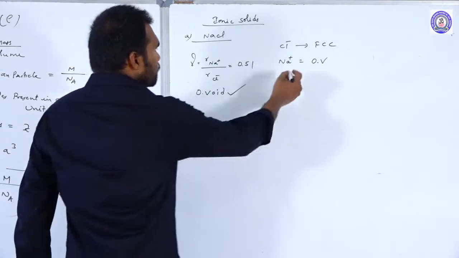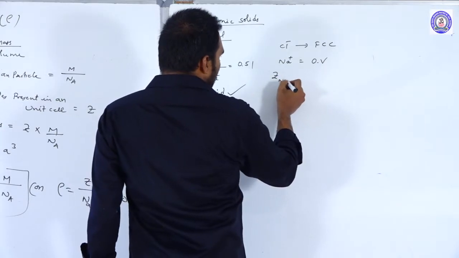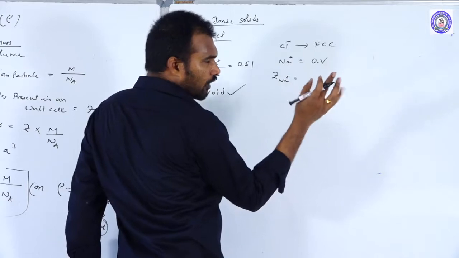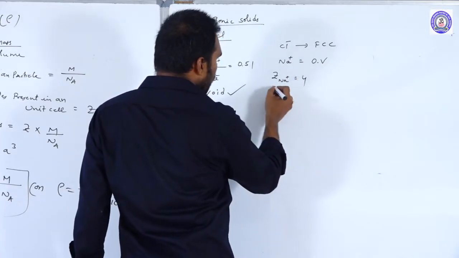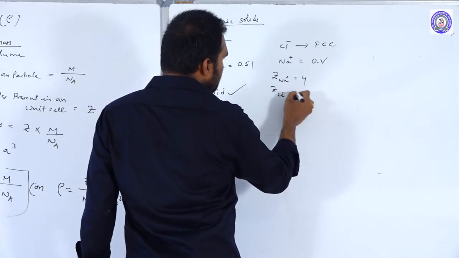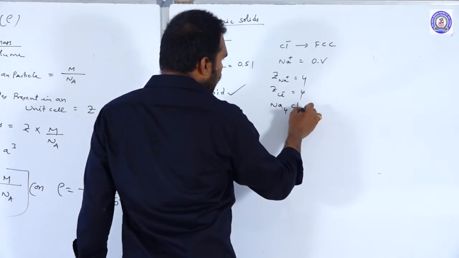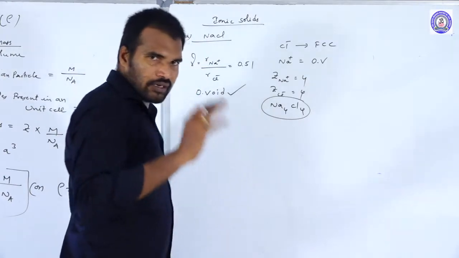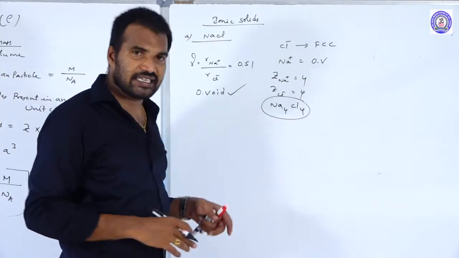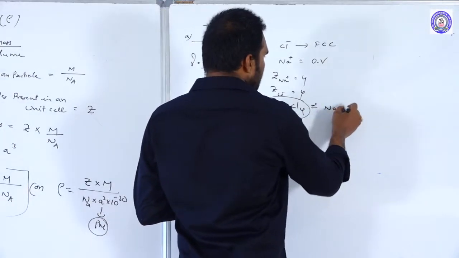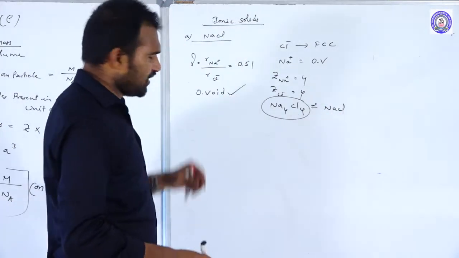Clear? So the Z value of Na+, what is that? Na+ is occupying octahedral voids. How many octahedral voids? 4 are there. So the Z value of Na+ is 4, and the Z value of Cl- is also 4. So the formula of this unit cell is Na4Cl4. What is the chemical formula of this NaCl unit cell? Na4Cl4, but we will generally write NaCl.